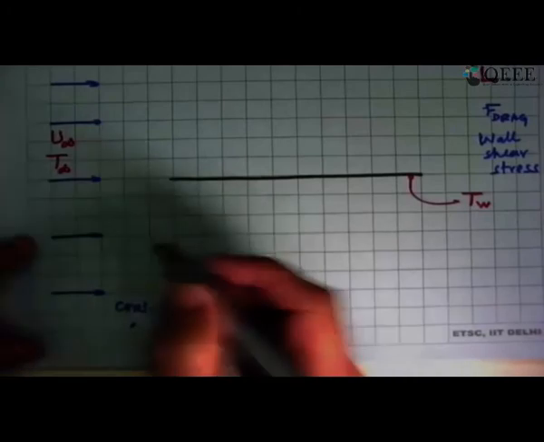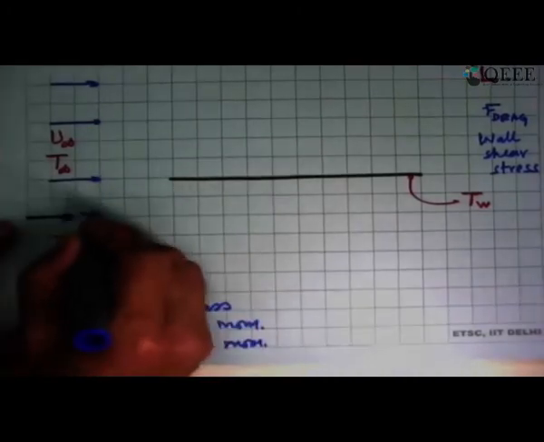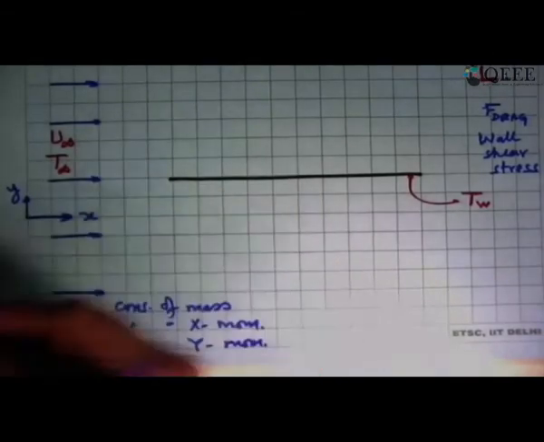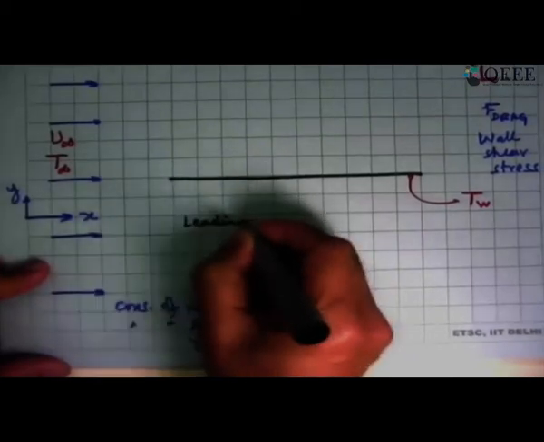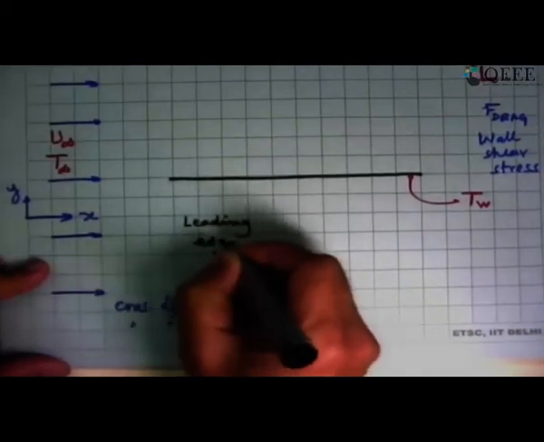So we are establishing our reference frame. This is x, this is y, and we'll say that this edge of the plate where the fluid first contacts is the leading edge. This is the trailing edge.